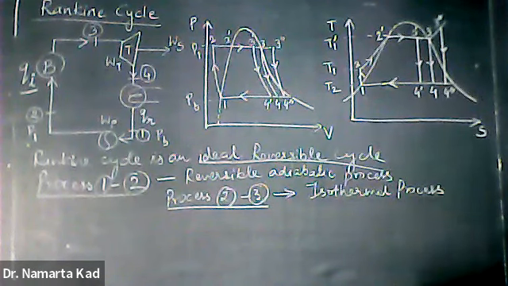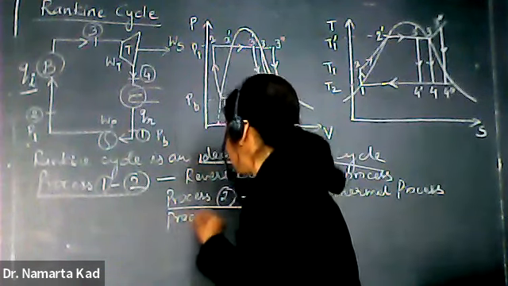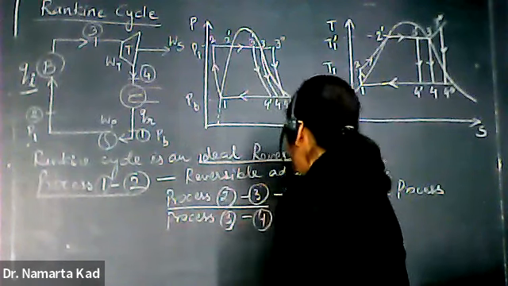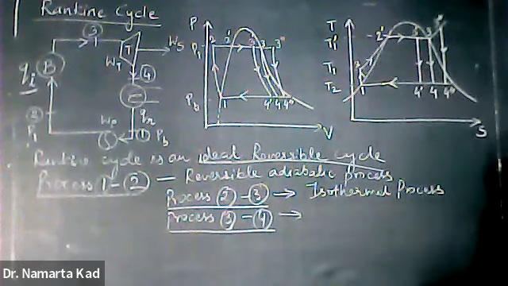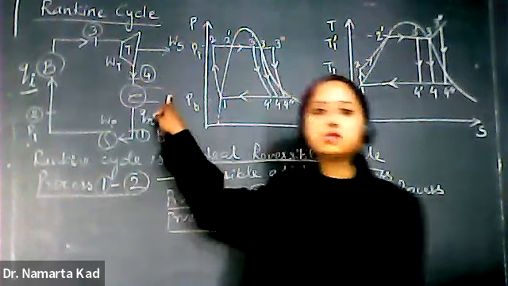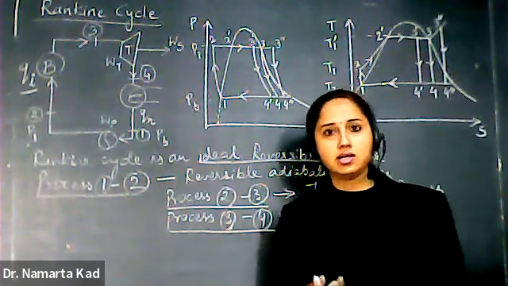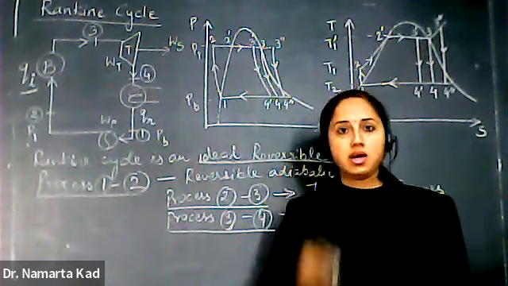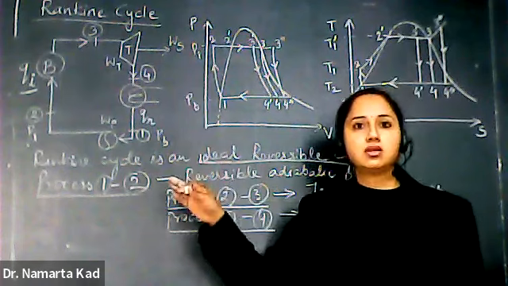Okay, and now the next stage, that is the process 3-4. So see here in the first figure, the process 3-4 is along the turbine. And we know that in case of the turbine, the expansion of the steam takes place, and with the expansion of the steam, there is reduction in the pressure.